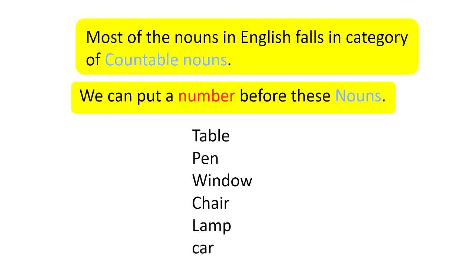These are some nouns given here. We can put a number before these nouns like 3, 1, 2, 7, 8, or any other number. In this way, we know that these nouns can be counted.